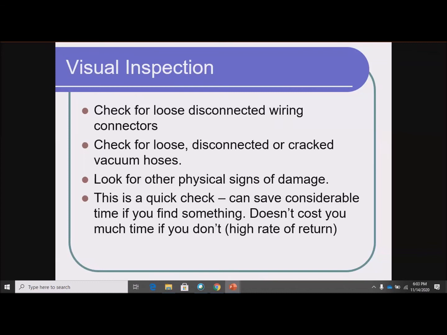We're not saying that you spend half an hour on this. You're spending a minute, 2 minutes, and you might save an hour because you see something before any kind of pinpoint testing brings you to that. So it's always worth a quick look. You got an oxygen sensor code, you look and the wires are falling off of it, case closed, right? You don't really need much more diagnosis.